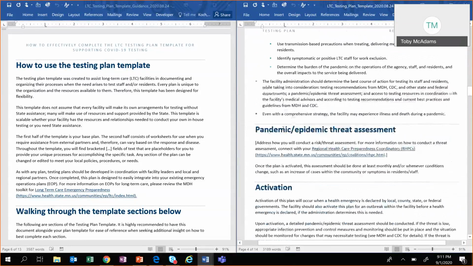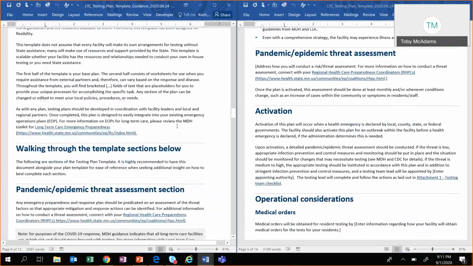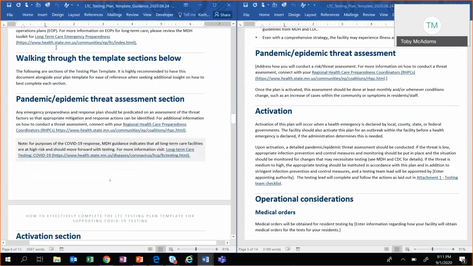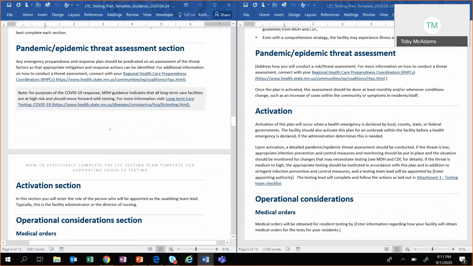Okay, great. So we're going to move over to the guidance side, and you'll see that I have some additional instructions on how to use this, but we're going to jump into the pandemic epidemic threat assessment section. As I mentioned during the PowerPoint slide, every plan has a threat assessment in regards to where you, as a facility, fall with the level of threat that would impact the plan we're discussing, whatever plan it might be.